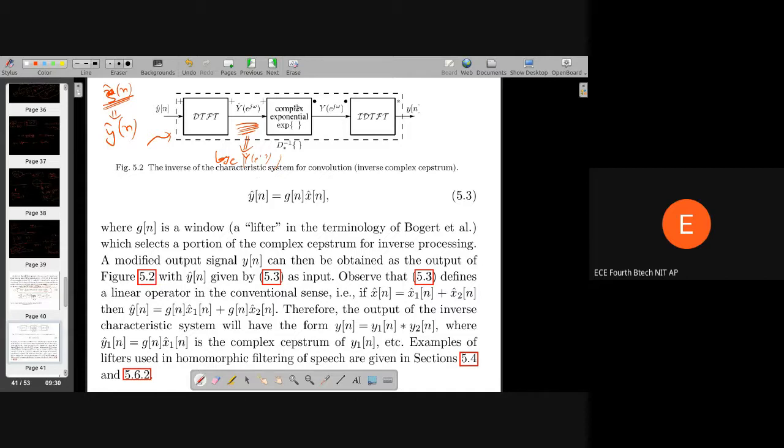Because the effect of log is there, we do e to the power of whatever we get, so that we get the Cepstrum for the low time or high time lifted signal. And finally you do the IDFT to get y. But this last part is generally not what we are concerned with; we are more concerned with the part up to here.